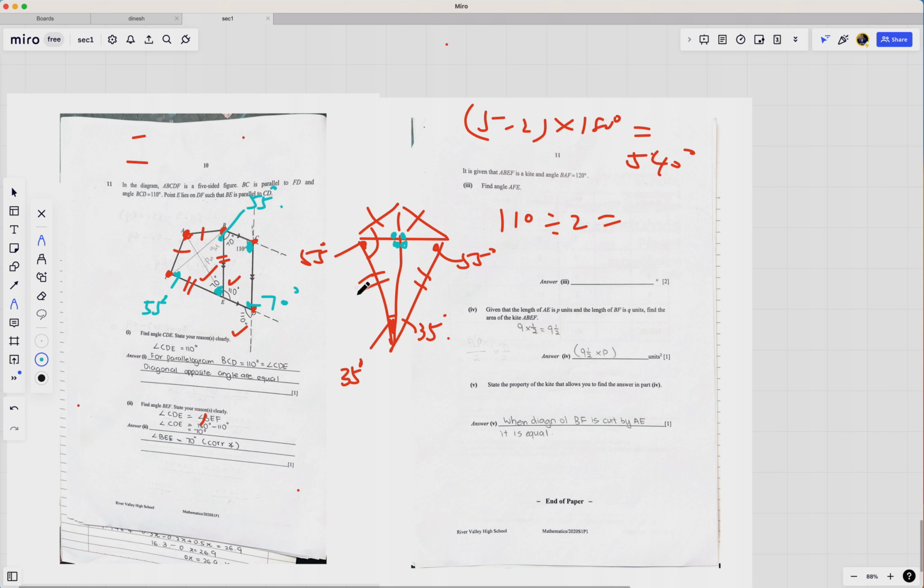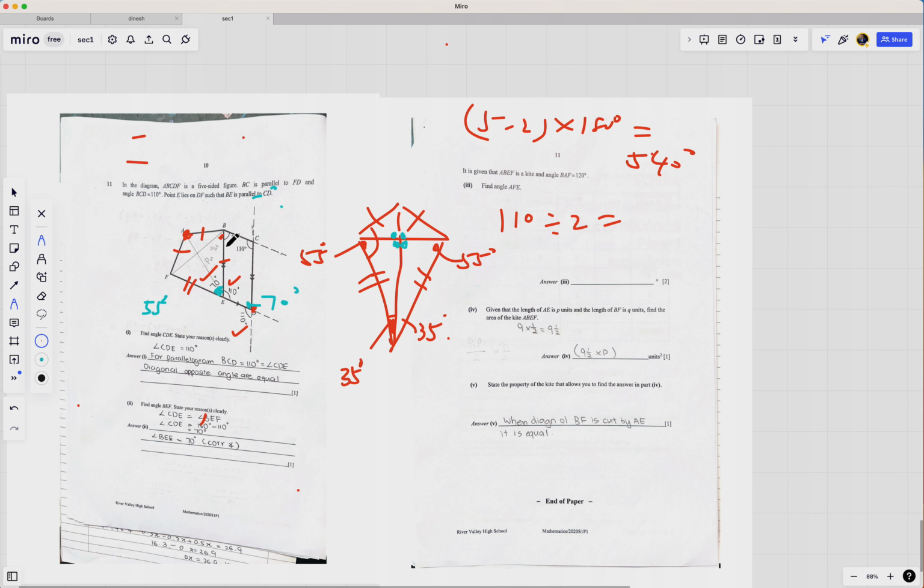What are the properties there for a kite? Oh, okay. So, can you see that this one? This one is 55.